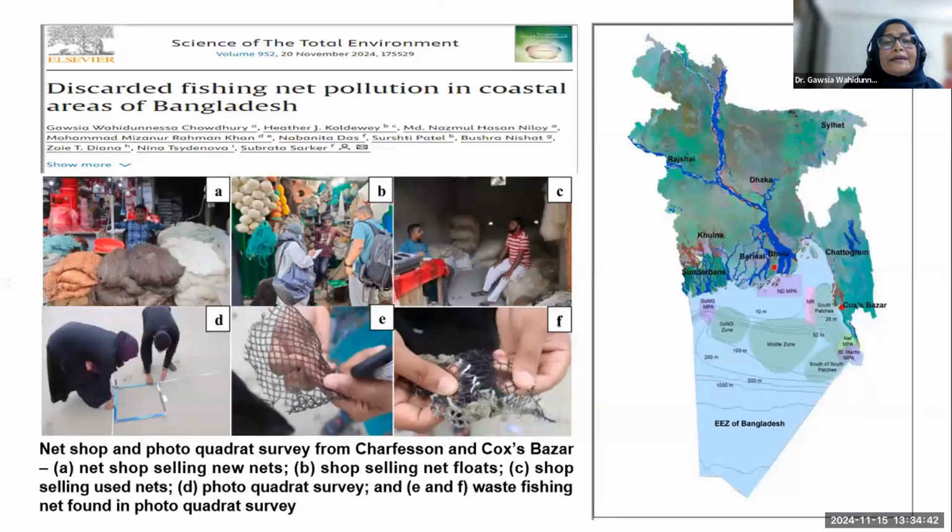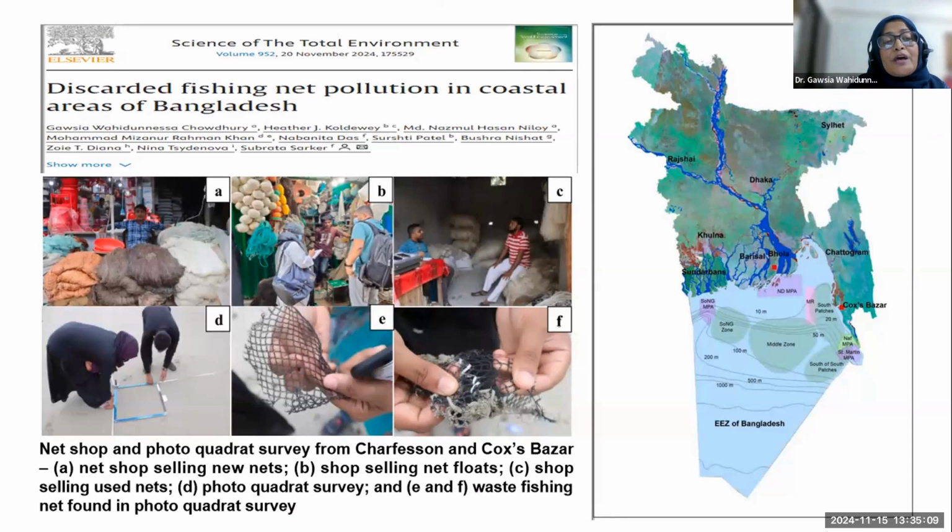And as a follow-up of the discarded fishing net project, we found the polymer composition is more alarming: all 17 types of fishing net are dominated by nylon 6. This slide shows that we categorized three different types of fishing net.